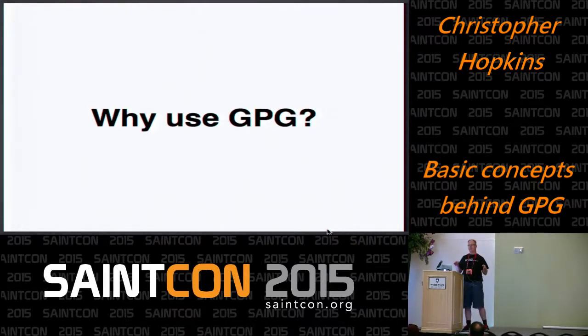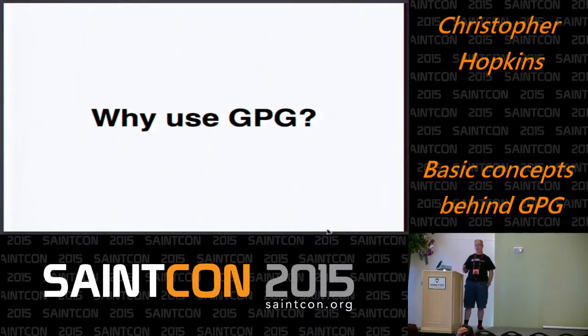Basically, PGP is the first implementation. It's a crypto system to allow you to do messaging. OpenPGP is the standard. It's not an implementation, it's just the RFC. And then GPG is a free software implementation of PGP.